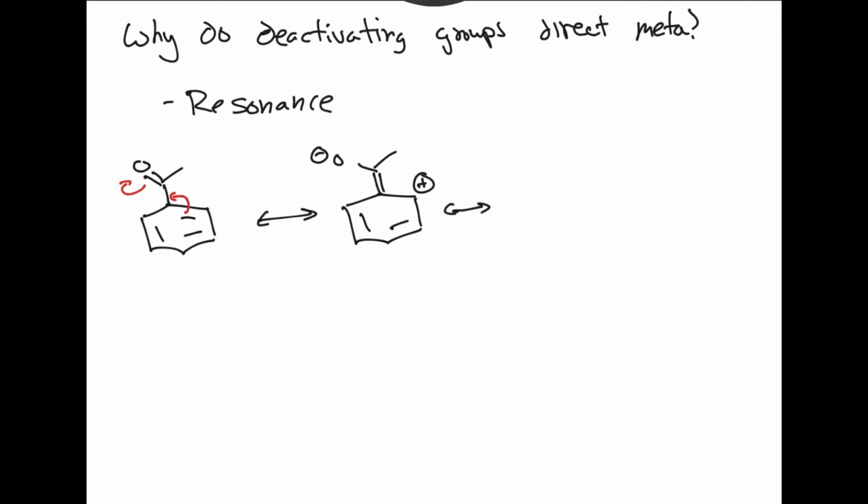So I can draw another resonance structure. I can move that. I have a positive charge on the para position. Again, it is beside another double bond. So I can move it again.